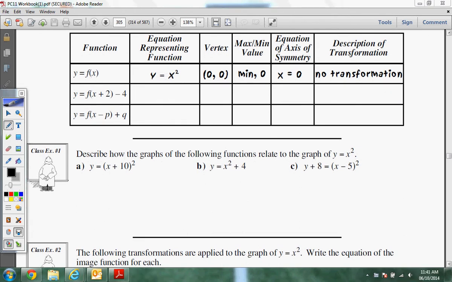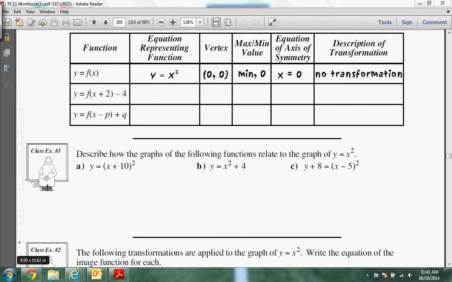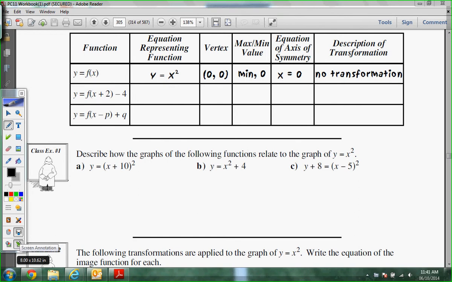So x squared is 0, 0, that's just the standard table. This one, the equation would be (x plus 2) squared minus 4, y equals (x minus p) squared plus q.